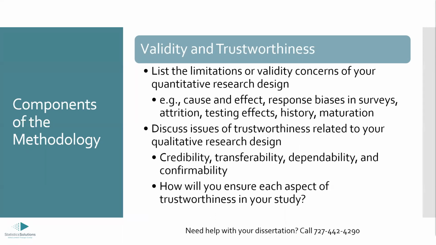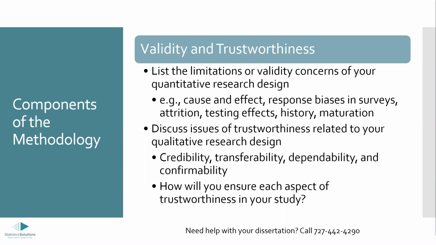So for instance, if you're doing a correlational research design for your quantitative portion, a limitation might be that you can't determine cause and effect. If you're doing quantitative survey research, you might talk about how a limitation is that there are different response biases that could be present in survey responses.